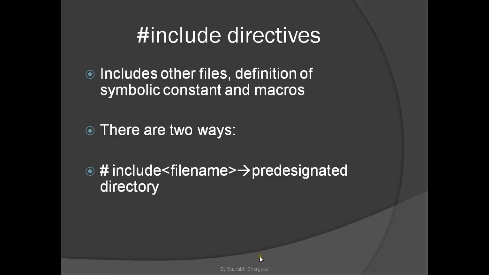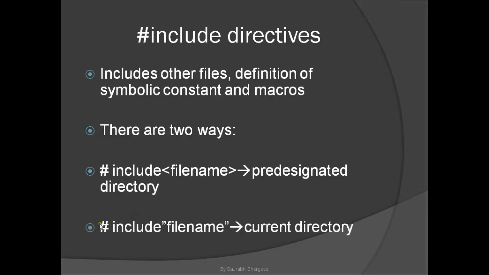When the file name is written between angular brackets, it searches in the pre-designated directory, like the bin and library folder. And when we write the file name in double quotes, it searches in the current directory first. If it is not found in the current directory, then it searches in the pre-designated directory.